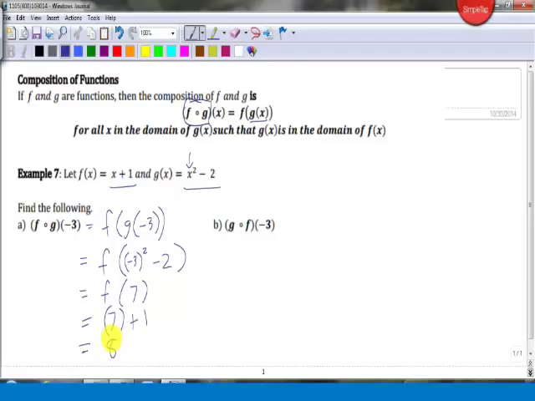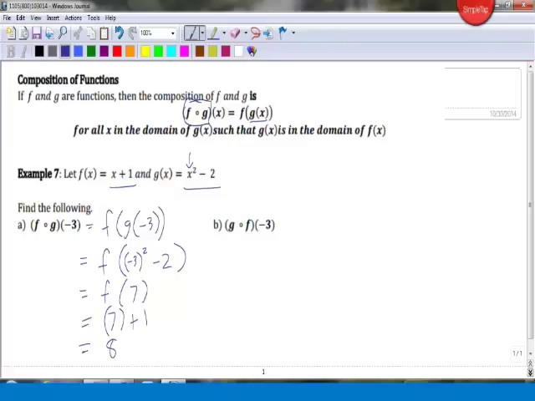So if the two processes are squares and then subtracts 2, and then adds 1, and the original input is -3, if you take -3 and square it, and then subtract 2, and then add 1, you end up with 8. So that's the idea of this composite.